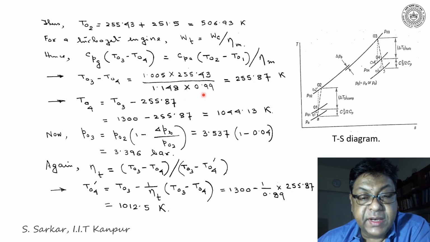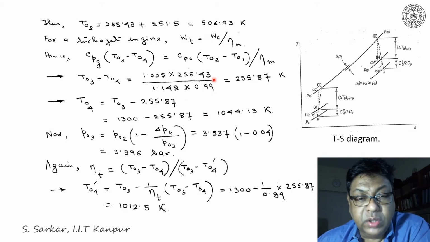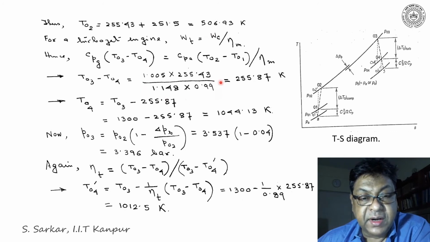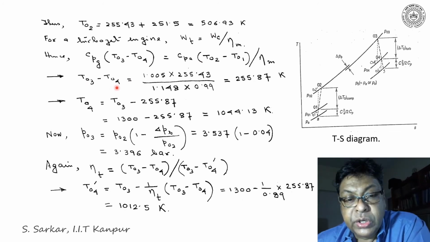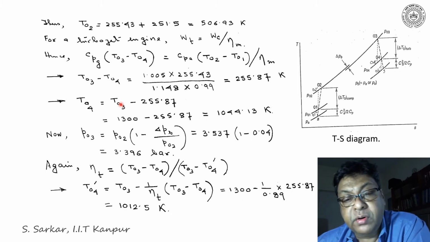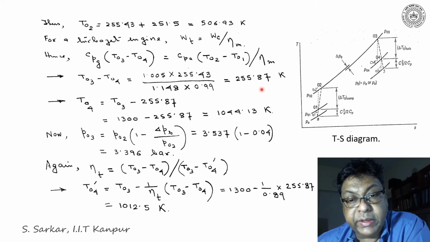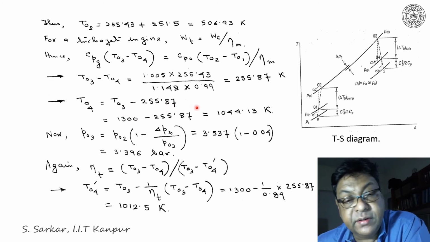Eta m has been given as 0.99. When I put all these values, here I'll get T03 minus T04 as 255.87 Kelvin.